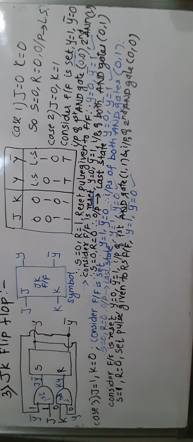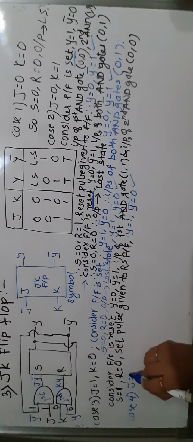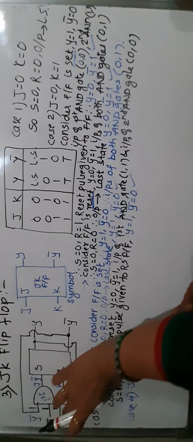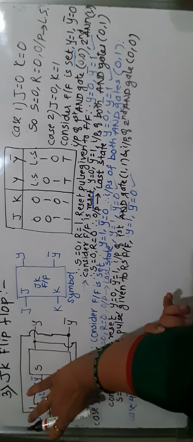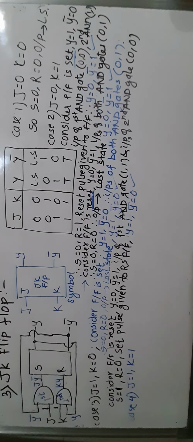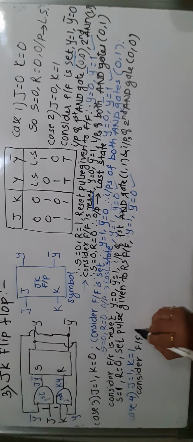Now we have to consider case 3. Sorry, case 4. Case 4 is what? When j equal to 1, k equal to 1. Now again let's consider flip-flop is set.